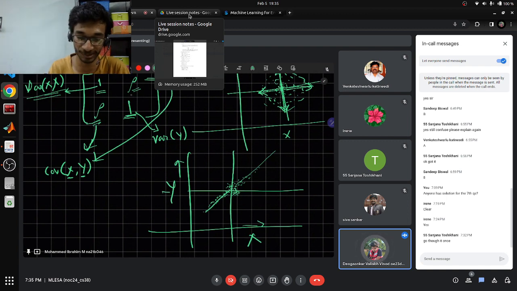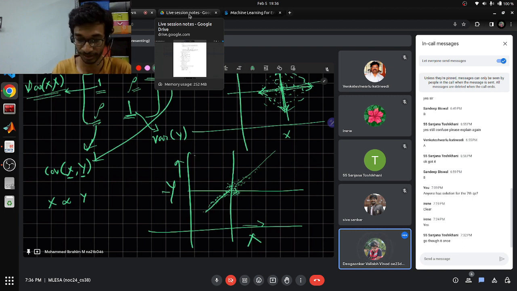If the relation is positive, y should also increase. And if I am decreasing x and y also decreases, then also it is a positive correlation. x and y being directly related is what a positive correlation looks like.